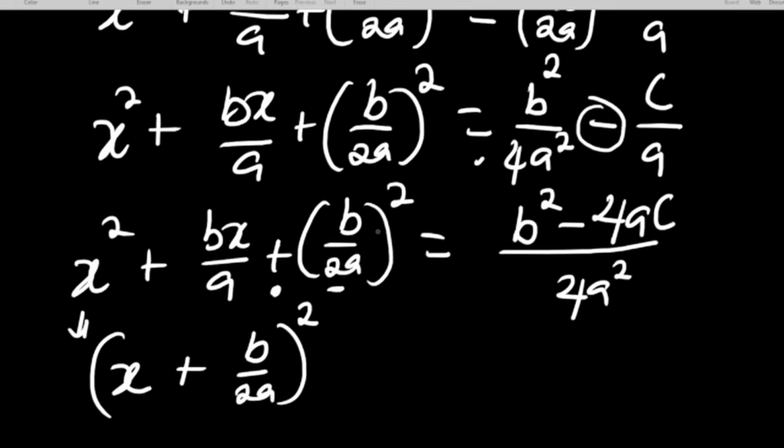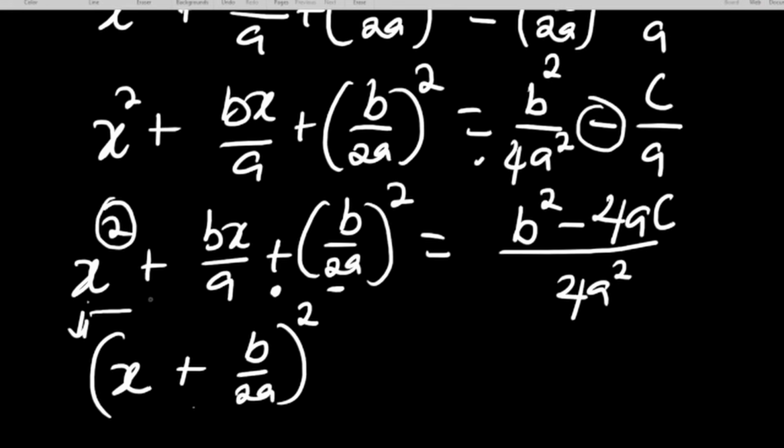That was why I said don't expand yet, so that you understand how to do this. Drop the x term, ignore the square. Doing this gives us a perfect square trinomial. If you expand x plus b over 2a squared, you will get the original expression back.